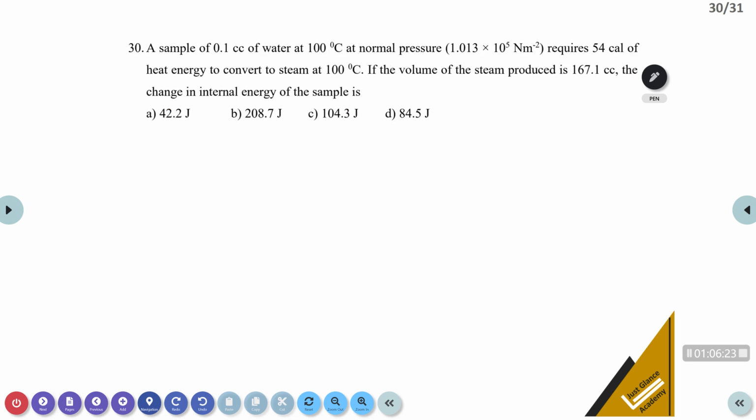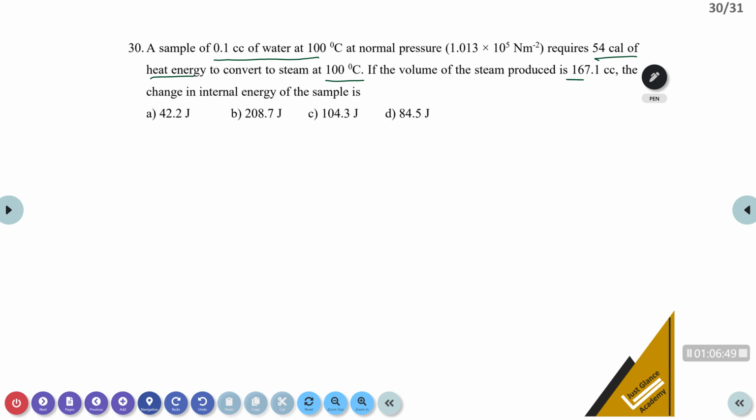Next, 30th one. A sample of 0.1 cc of water at 100 degrees Celsius at normal pressure requires 54 calories of heat energy to convert to steam at 100 degrees Celsius. Temperature remains constant.